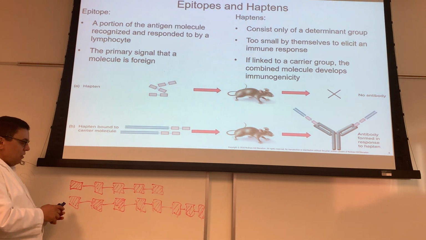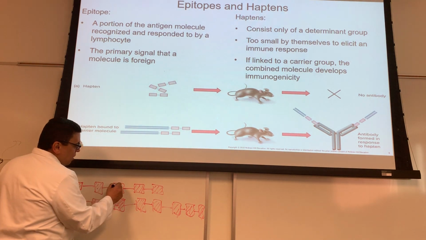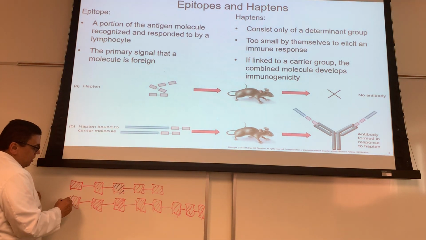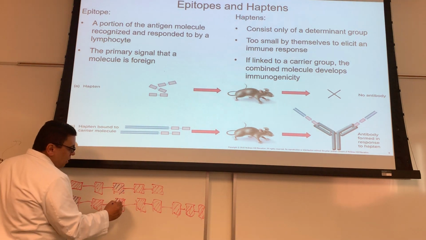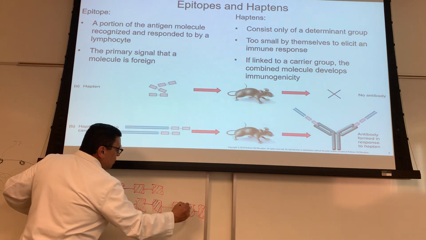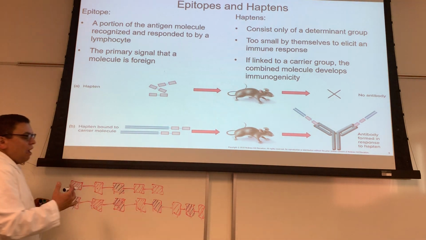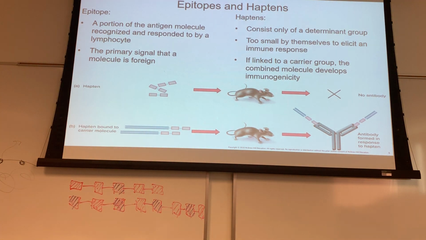So let's say it's this one, this one, this one, and this one. The ones that I have in purple are bacterial. I mean, they're all bacterial, but these, you may also have.